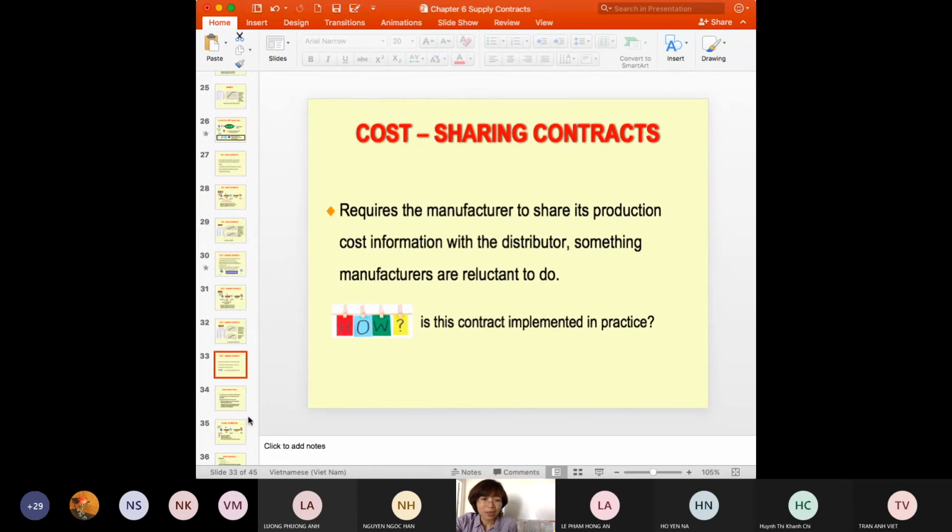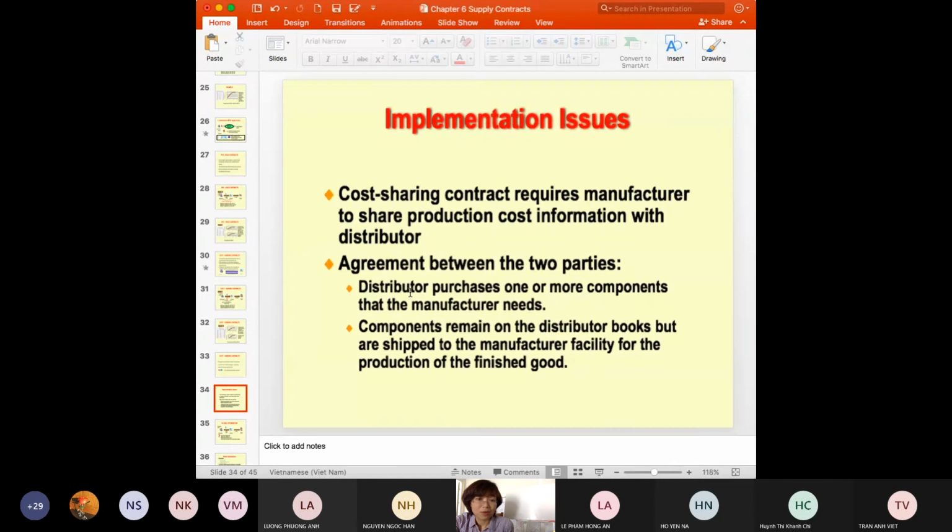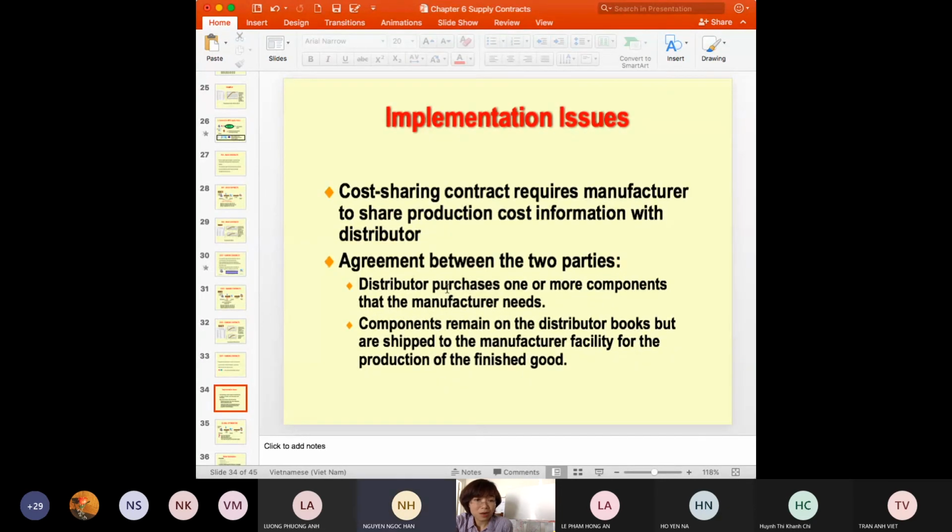That is the way they do it in practice. So the distributor purchases one or more components than the manufacturer needs, and the remaining components the distributor books but ships to the manufacturer's facility for production of the finished goods.